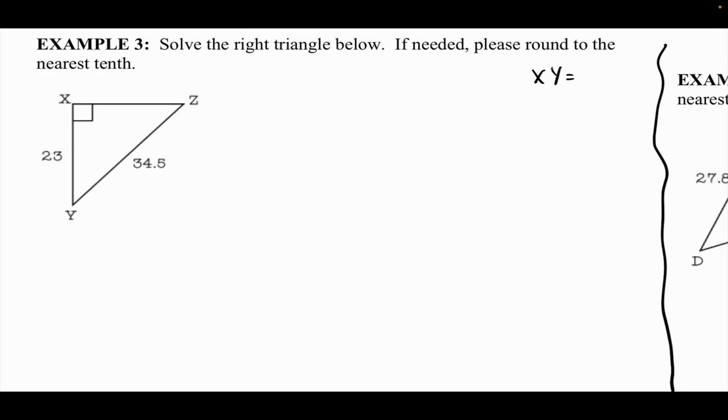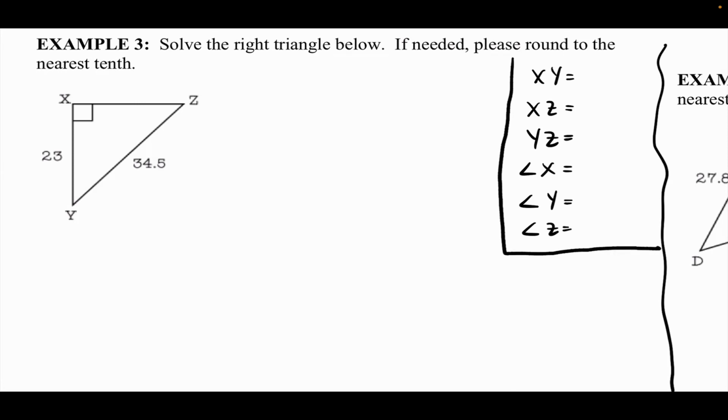That's another side. And then y to z is the last side. Those are the 3 sides that it has. Some of those I know, some of them I don't know. Now the 3 angles. Well, the first angle is angle x, then angle y, then angle z. That's going to be my answer key right there.